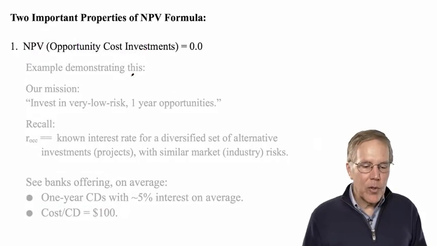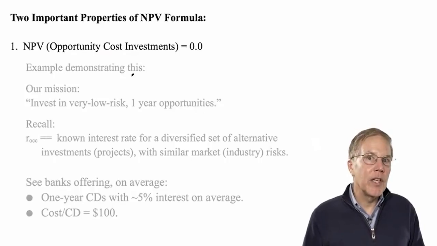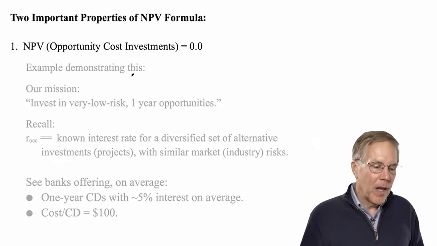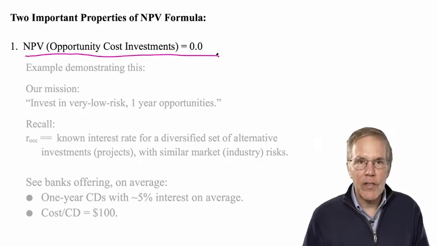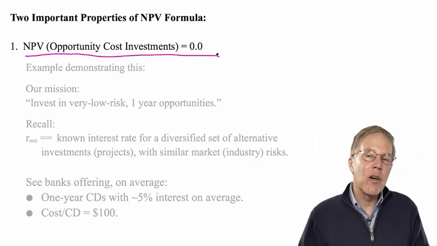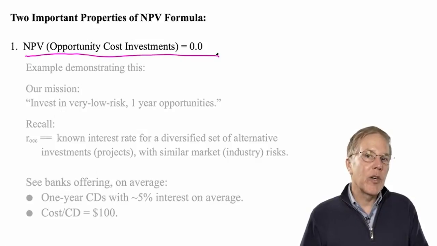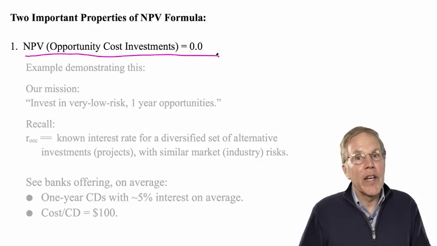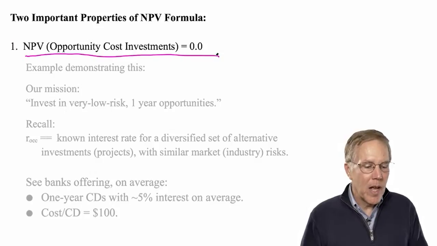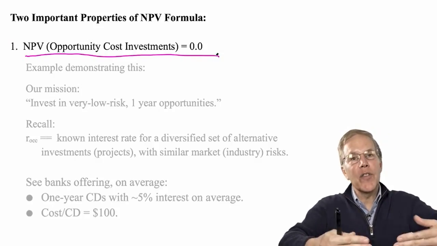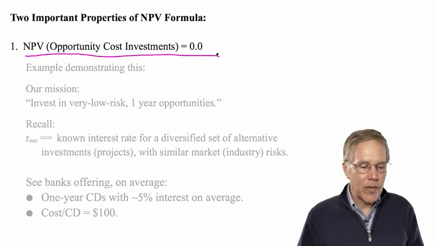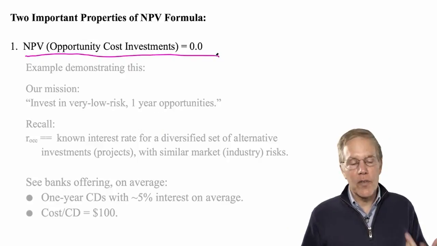Okay, so now we've got two important things about the NPV formula itself. One is that the net present value of opportunity cost investments, that diversified portfolio of observable stuff that we could have invested in alternatively that gave us our opportunity cost of capital, the NPV from investing in more of that diversified portfolio in our investment milieu is always going to equal 0.